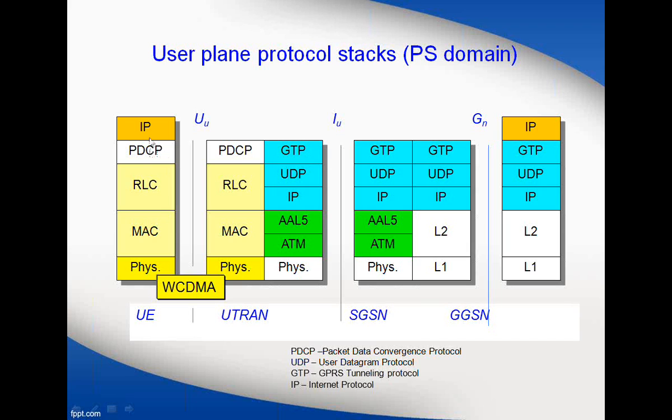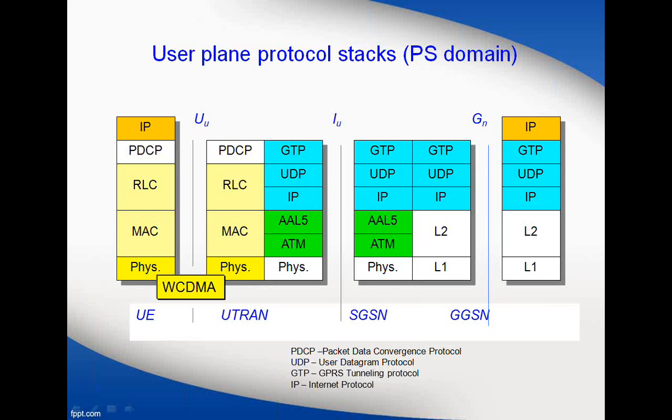Here again I'm showing IP connectivity, IP to IP, and how the protocol stack is mapped. When it is all about your UE and UTRAN, you are not really bothered how the packet data is going to be transmitted. Only when your UTRAN accesses the SGSN or GGSN does the packet data come into the picture.